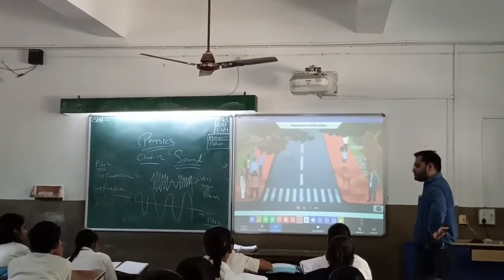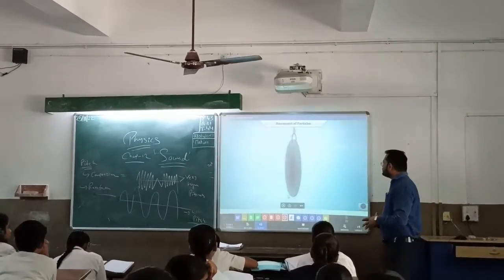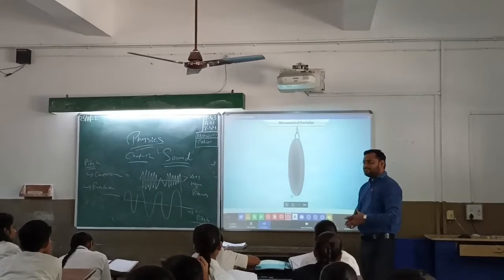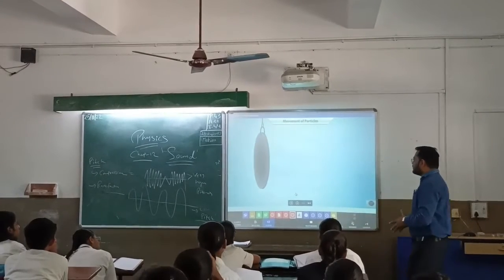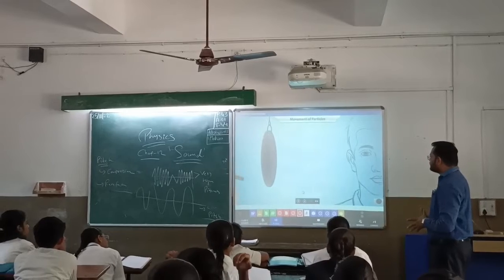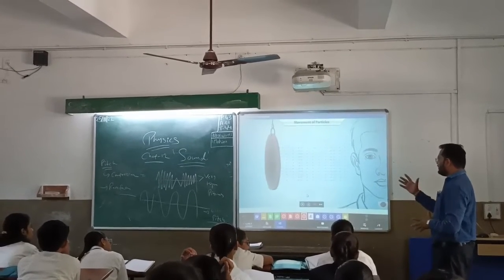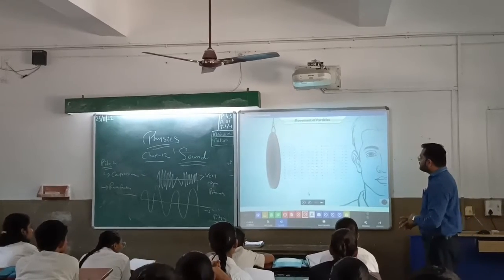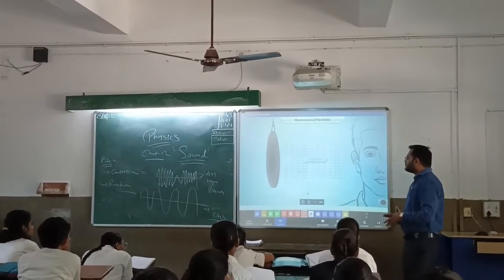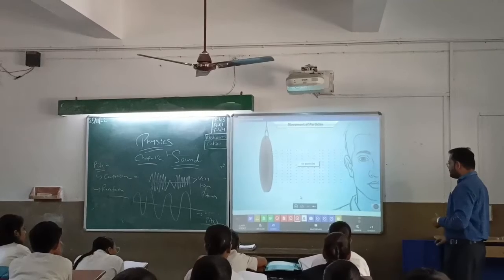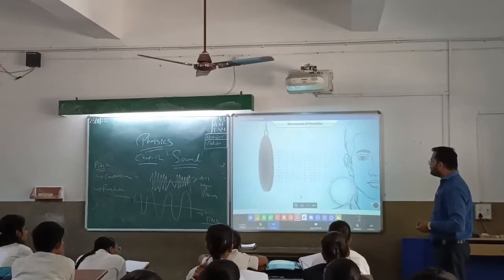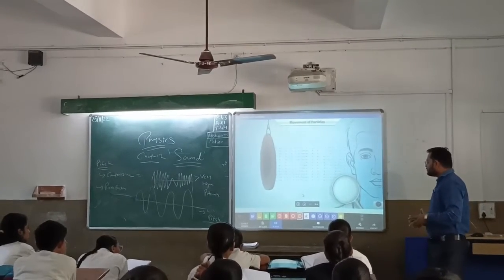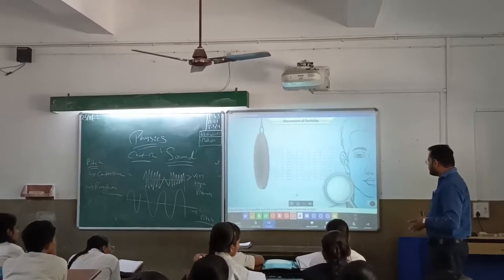Let's find out. How about taking the example of a gong? When the beater strikes, the gong vibrates. When it vibrates, it disturbs the surrounding air particles. Place the magnifier over the air particles to have a closer look at them.